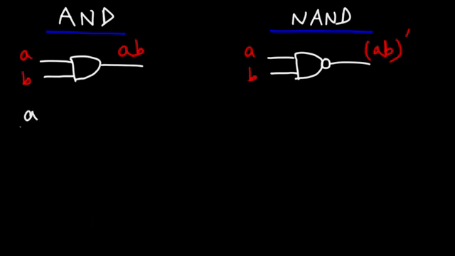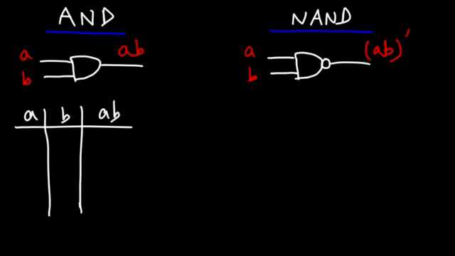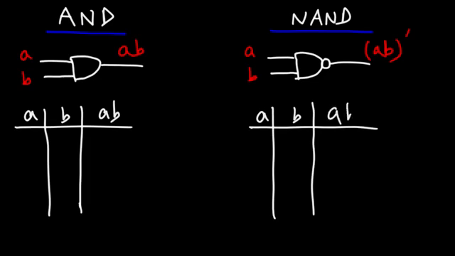Now let's look at the truth tables for these two types of gates. So as we recall, the only way to get a 1 with an AND gate is if both inputs A and B have a 1.